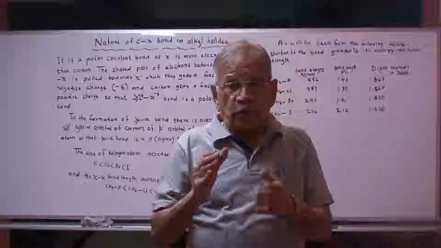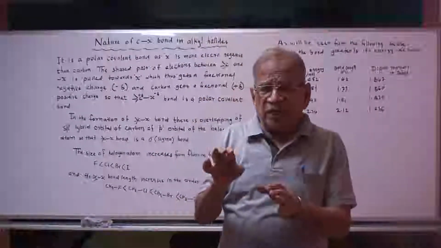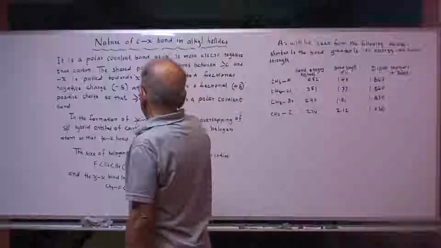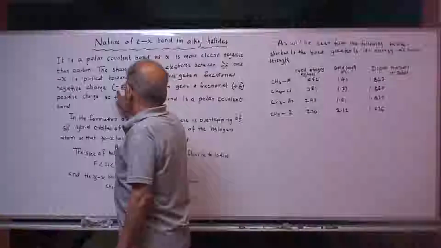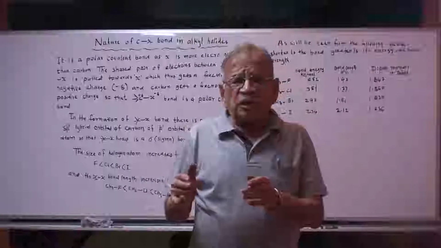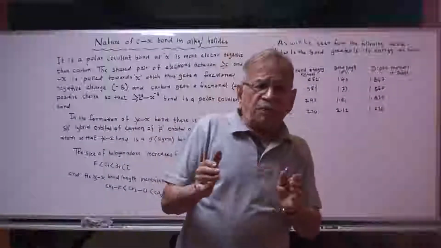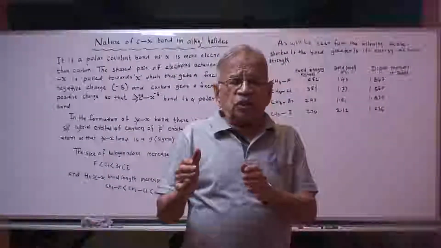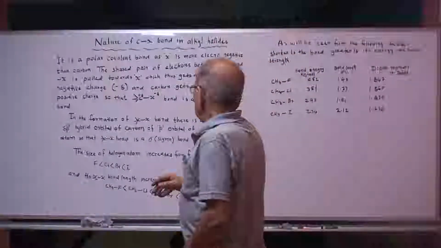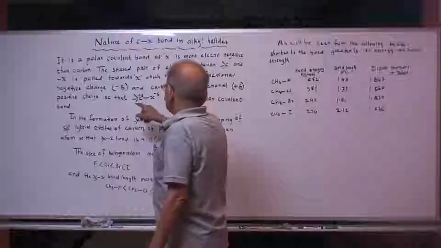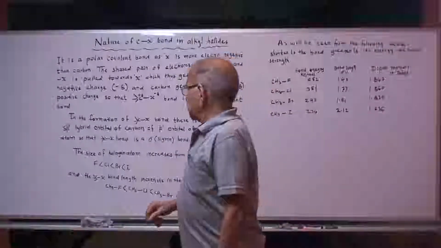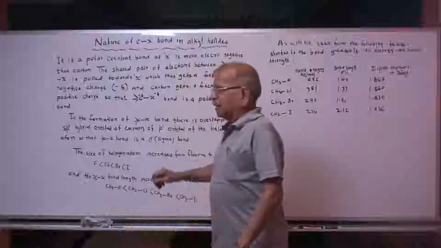As a result of pulling of the shared pair of electrons, the halogen atom X gets a very small fractional negative charge, represented by minus delta. And as the shared pair is pulled towards the halogen atom, carbon automatically gets a small positive charge, represented by plus delta.